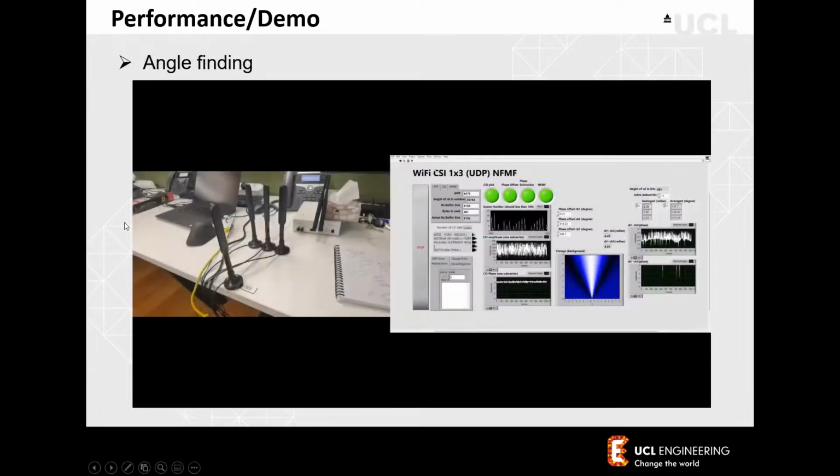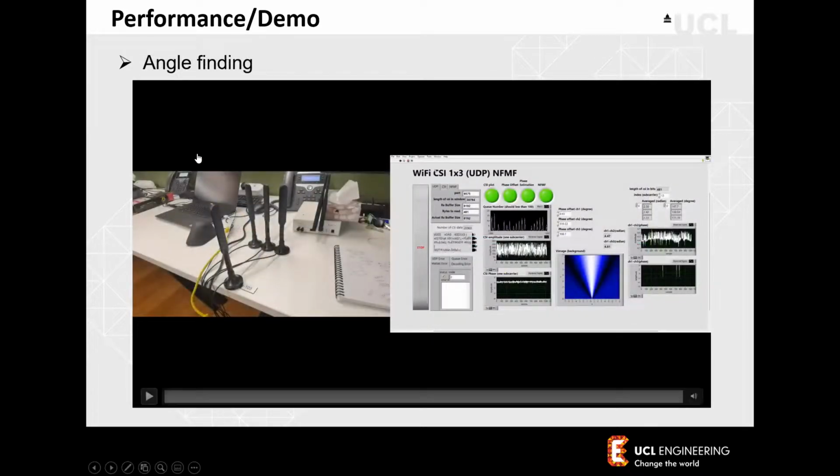Another one is based on angle finding. For this one, we apply what is called a near-field matched filter. We have these 3 antennas here, put together like an antenna array, and over here is the transmitter. We want to see the angle from this antenna when we move the antenna in different directions.